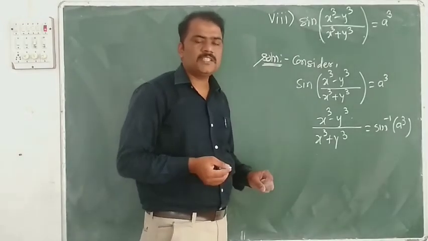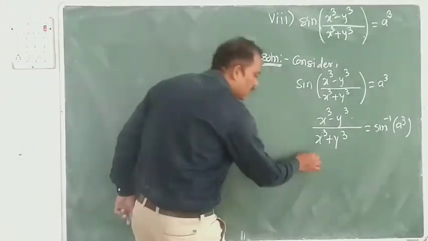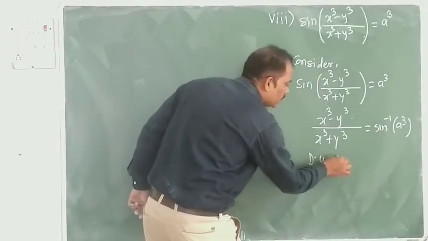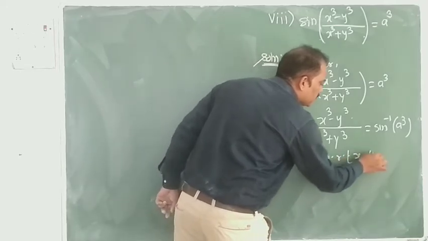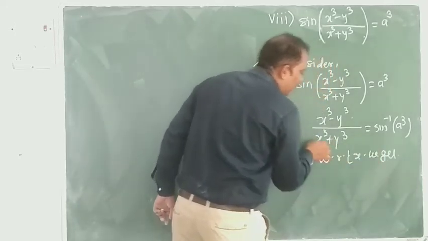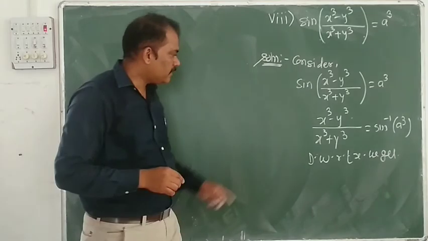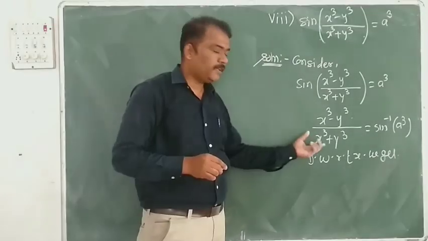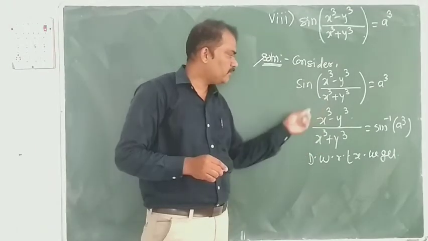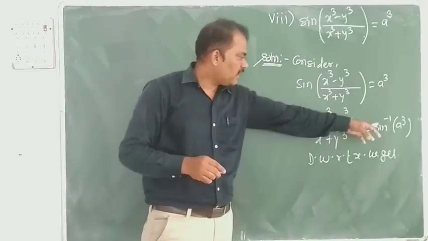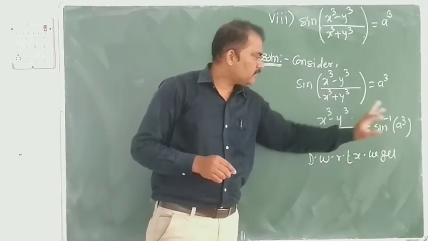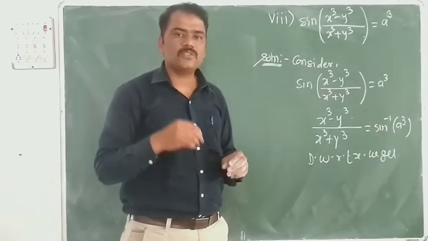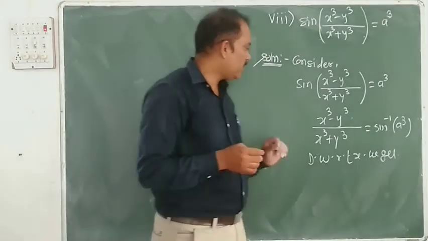Now we have to differentiate this with respect to x. On the LHS, by using the quotient rule, we get denominator into derivative of numerator minus numerator into derivative of denominator, divided by denominator square. On the RHS, a cube is a constant, so sin inverse of a cube is also constant, so its derivative becomes 0.